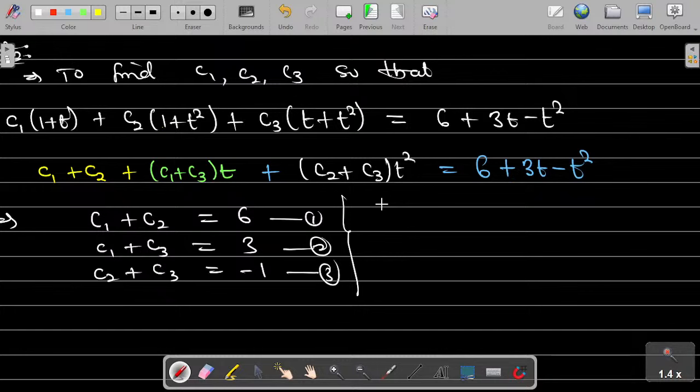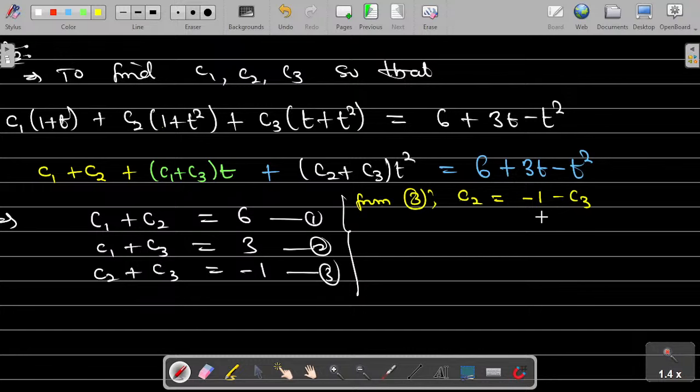So what do you do here? You can easily substitute one of the equations into the other two by making one c the subject. So if I do that in equation 3, from equation 3 I'm going to have that c2 is equal to minus c1 minus c3.